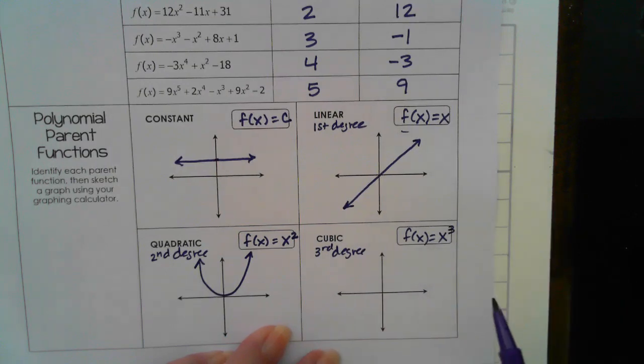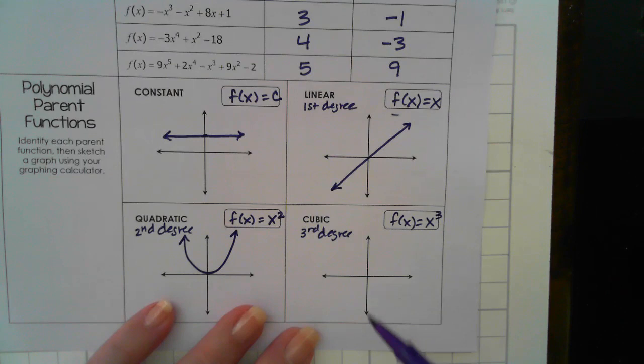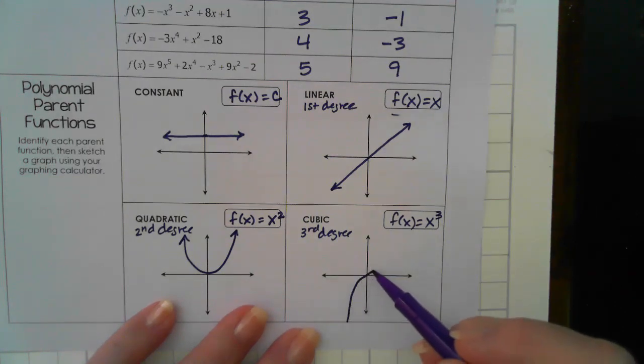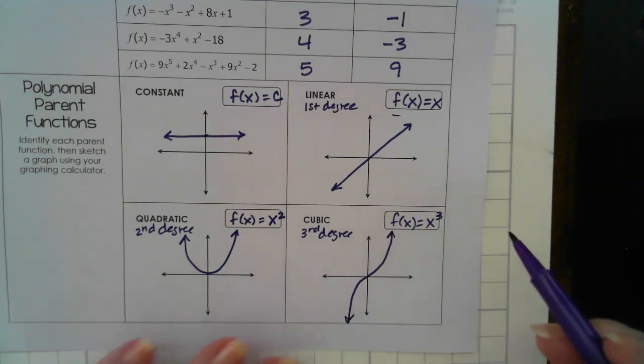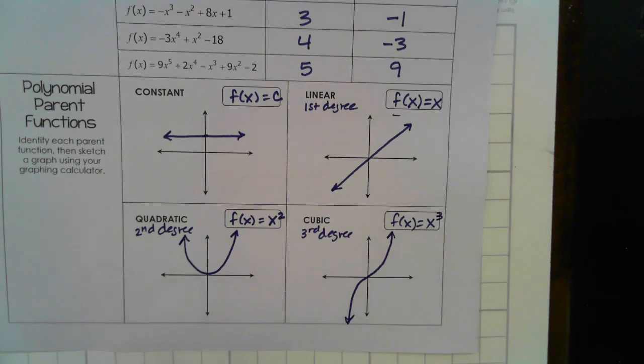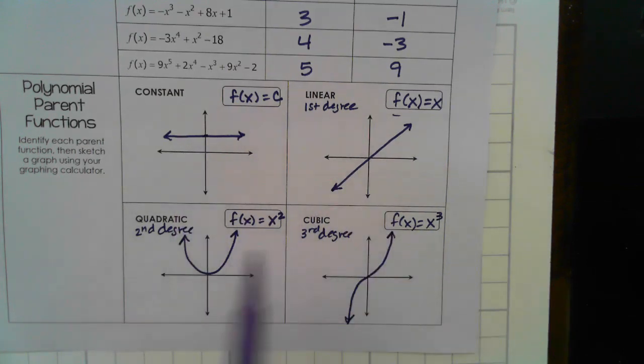Again, we're writing parent functions, not just any cubic function, but the perfect parent function. And x cubed looks, sometimes we call it an S curve, looks like this, and that's what the parent function would look like. So these are parent functions of constant, linear, quadratic, and cubic.